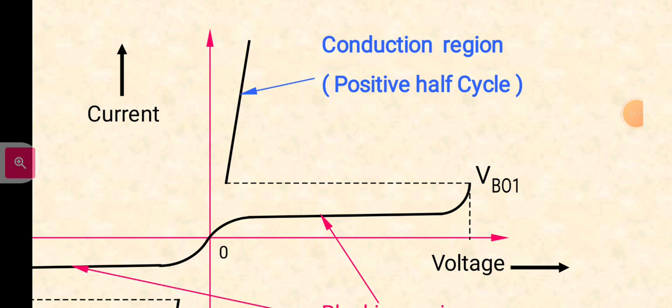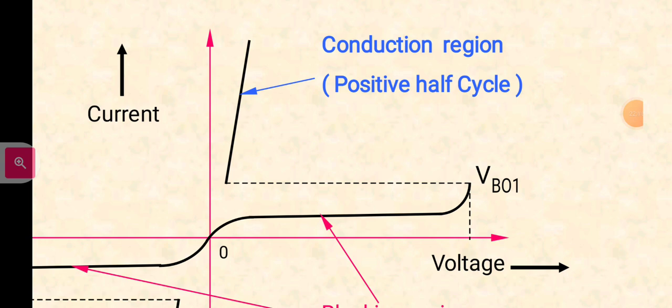When the voltage exceeds VBO1, it starts conducting and the current becomes very large.